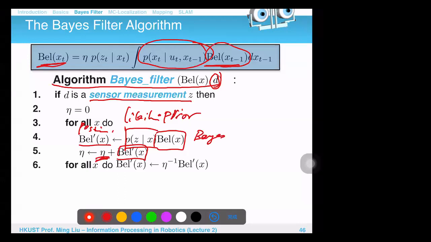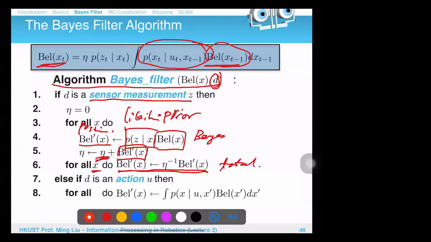Then for all x, we should do an update like the total probability. If d is an action, that means I can directly control x. We should use the total probability to marginalize out all the possible previous states, x prime.